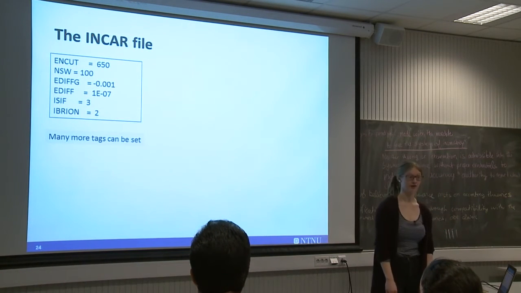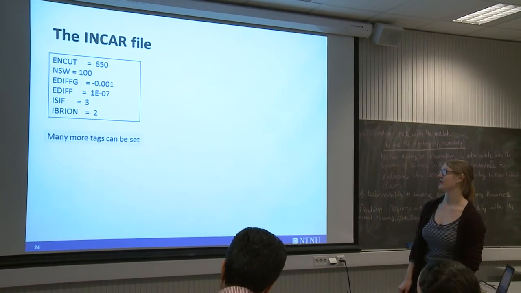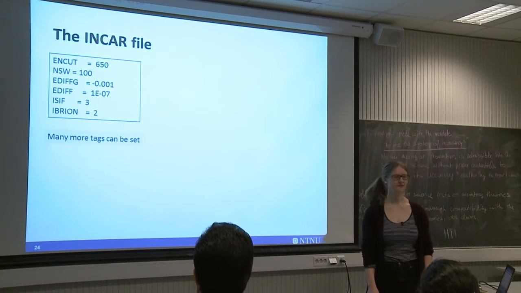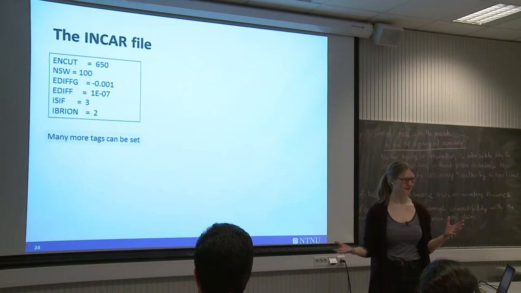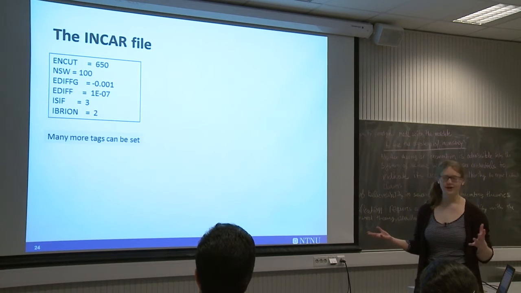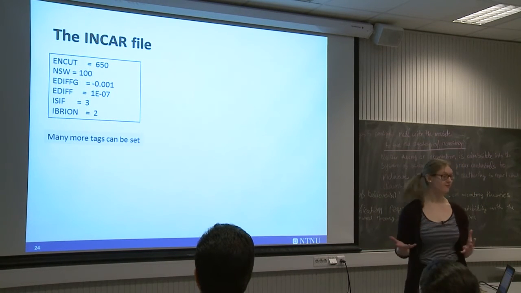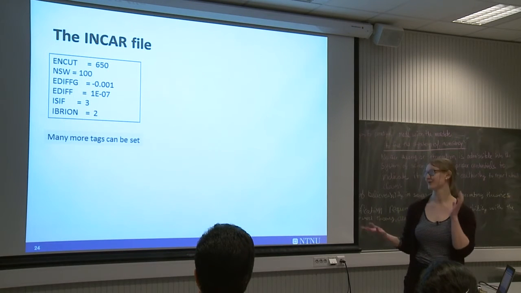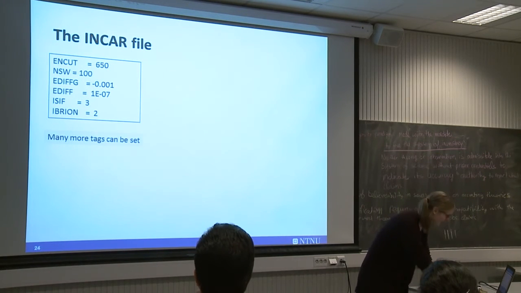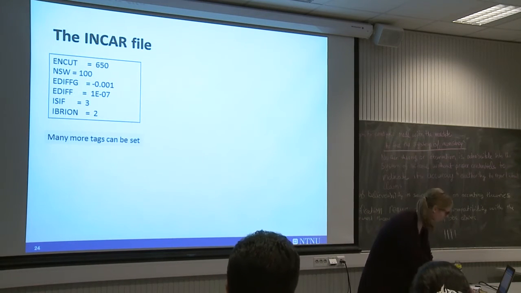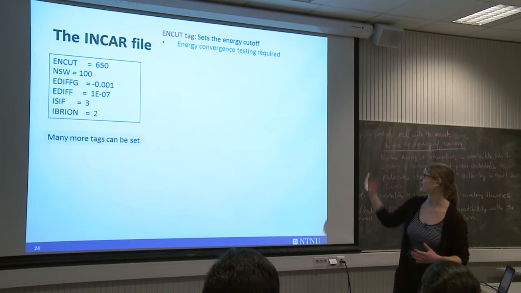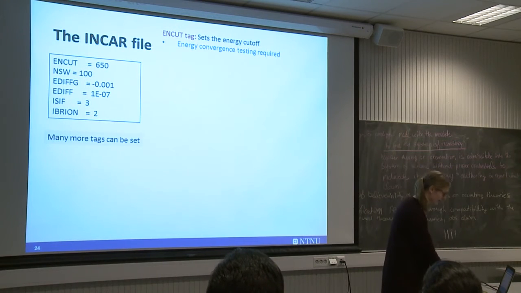And then we have the INCAR file. This is a very simple INCAR file, and you can specify a lot of tags here. I'll just mention the ones that I've put in, and you can always argue whether these are the most relevant ones or not. But never mind, just to have a feeling of what you put in there. So for example, you define the ENCUT, which sets the energy cutoff.